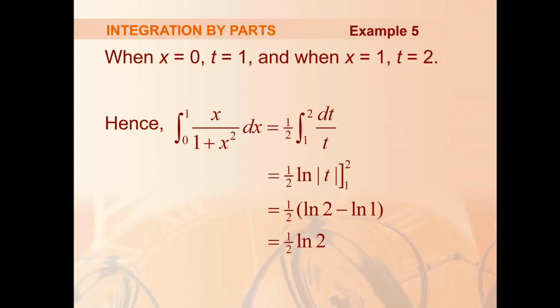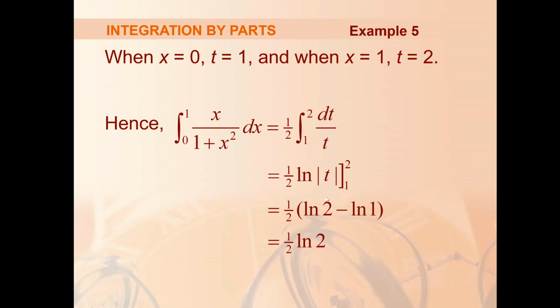Plugging in all that setup, we get 1 half the integral from 1 to 2 of dt over t. And we also changed the t values. When x equals 0, we got t equals 1, like what we did for 5.3, and when x equals 1, t equals 2.